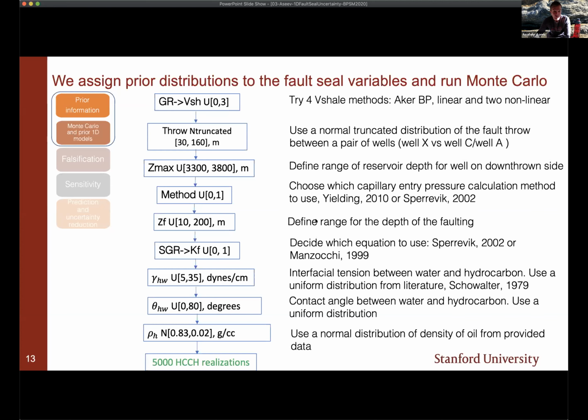And depth of faulting, which equation to use to convert SGR to fault probability, and then interfacial tension and contact angle of the fluids. We pick values from these distributions and do 5,000 realizations.